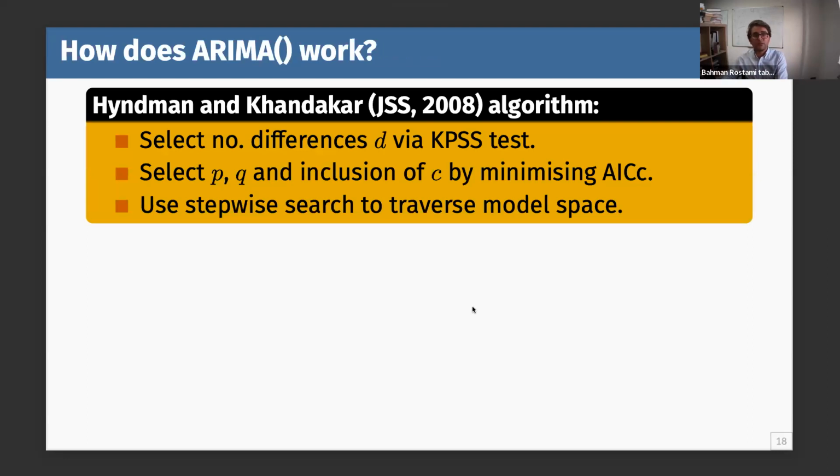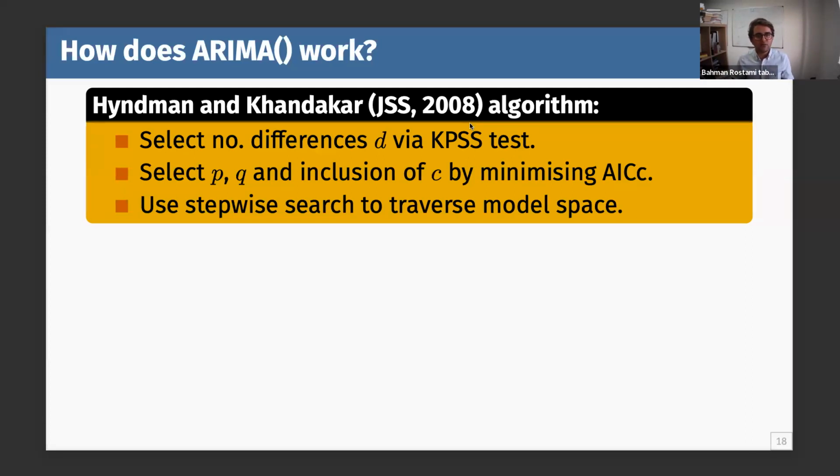Now, the most important part of this is how ARIMA works, because we are using this function to provide us with the best ARIMA model. What we mean by best, we will see in a minute. And then it returns the p, d, q for us, and also the estimated parameters.